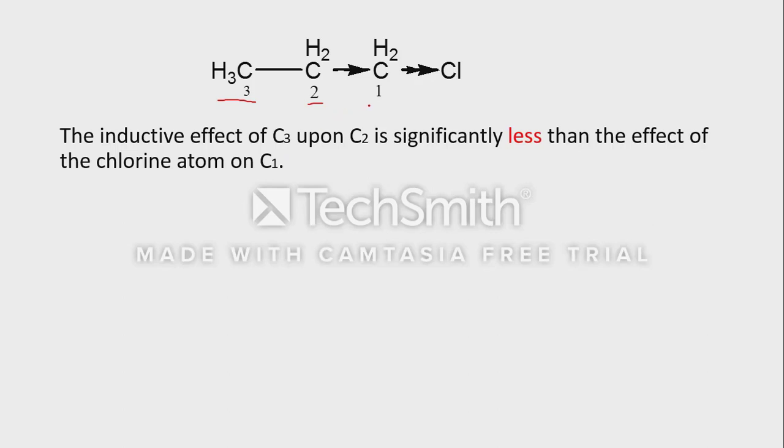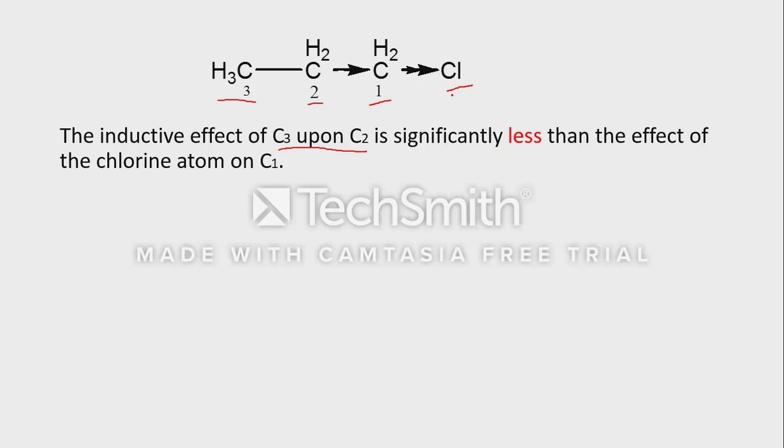The inductive effect of the chlorine atom on carbon number 1 is higher. It means that the chlorine atom is electronegative, and it produces a polarity in these molecules.